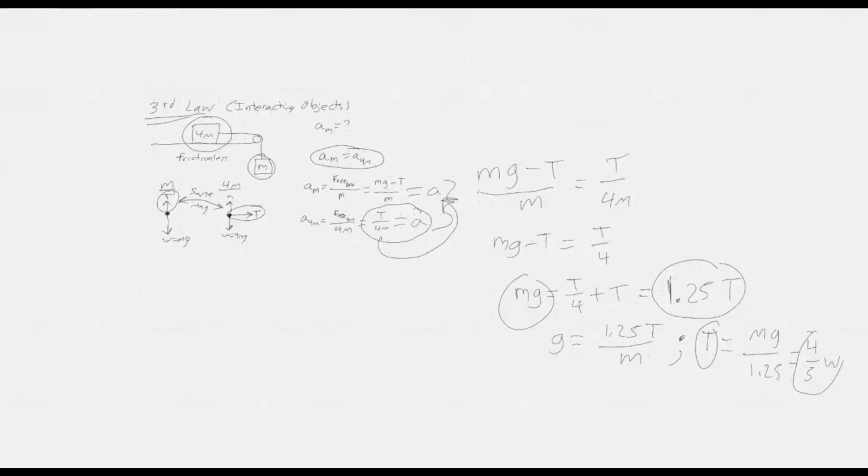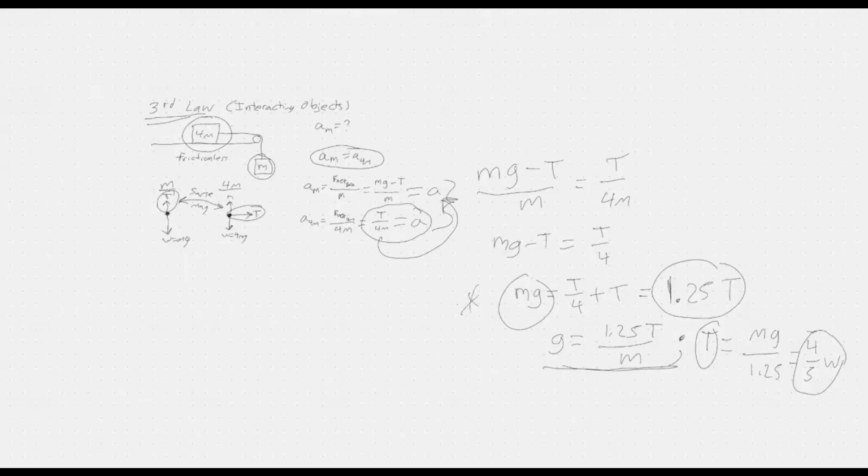I lost my train of thought a little bit with that coughing fit. I realized that the most likely thing you could solve for here, and notice I didn't give anything other than this final thing I wrote over here, is the tension in terms of the weight of little box m. That's just saying where we left off up here, where mg would be equal to 1.25 times the tension.